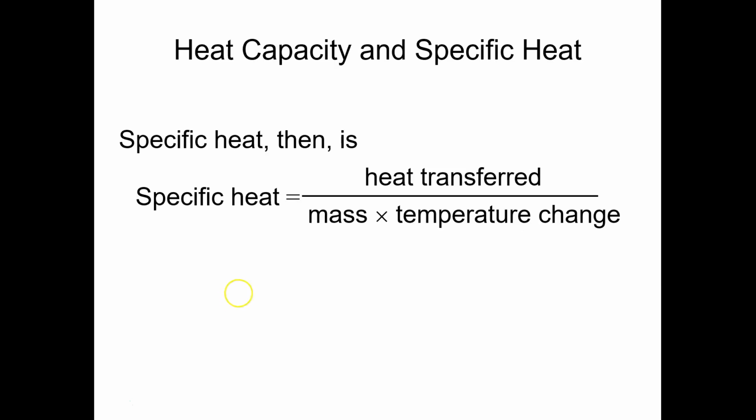Specific heat is defined as the heat transferred divided by the mass of the substance being heated multiplied by its temperature change. So S is equal to Q, the heat transferred, over the mass of the substance times its temperature change.